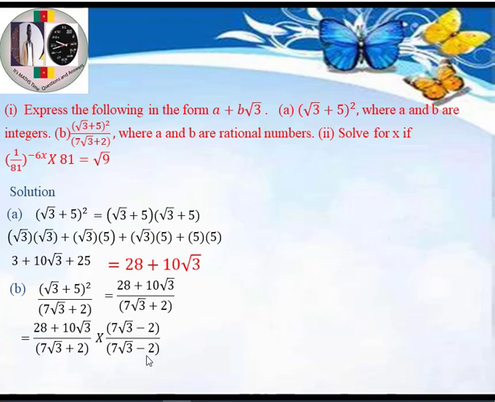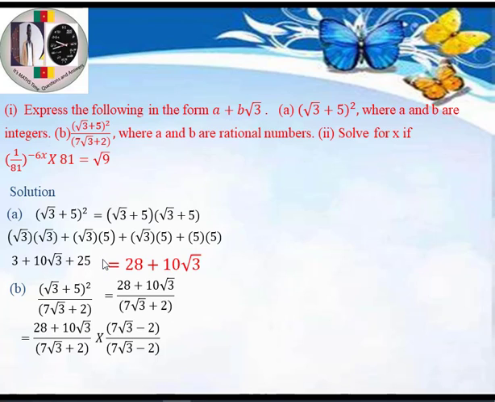We multiply the numerator and the denominator by the rationalized form of the denominator. Nothing has changed because we can simply cancel this 7 root 3 minus 2. We are just doing this multiplication in order to get rid of the surd in the denominator, so that we can easily evaluate in the form a plus b root 3.